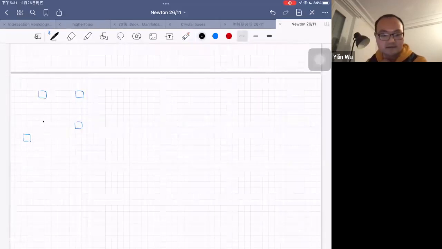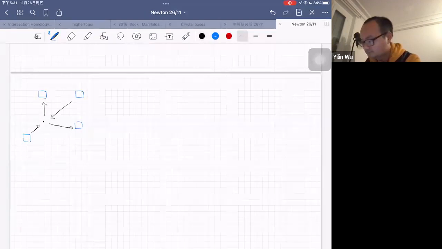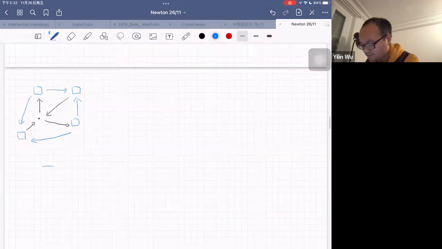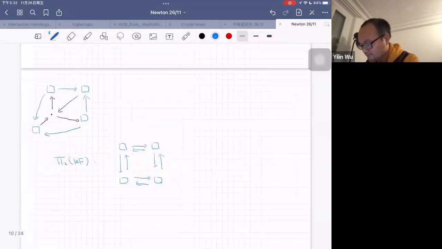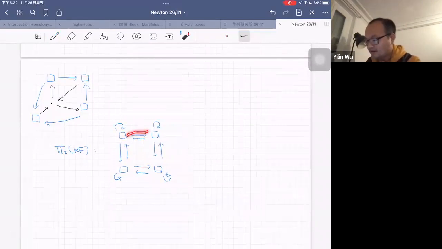And in the second example, we consider this Grassmannian quiver. So first we have this 2-Calabi-Yau completion. This algebra is concentrated in degree 0 because the original quiver is non-Dynkin.